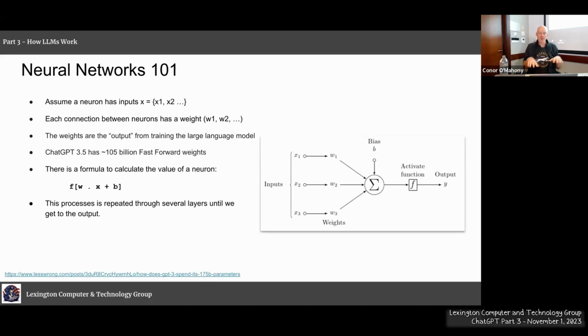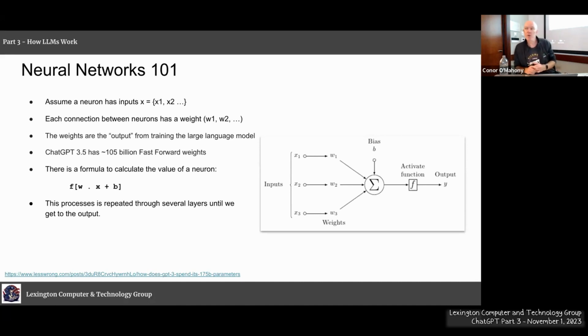A number of these functions have been used, and they're actually quite simple. The current flavor of the month is a function that is 0 until it gets to positive numbers, and then it's essentially a linear projection from there.